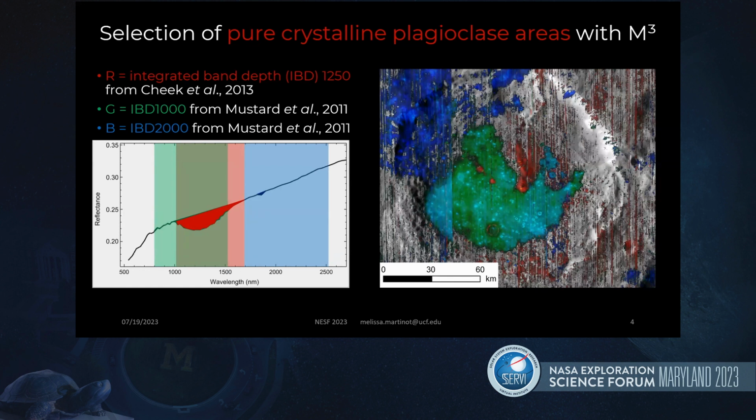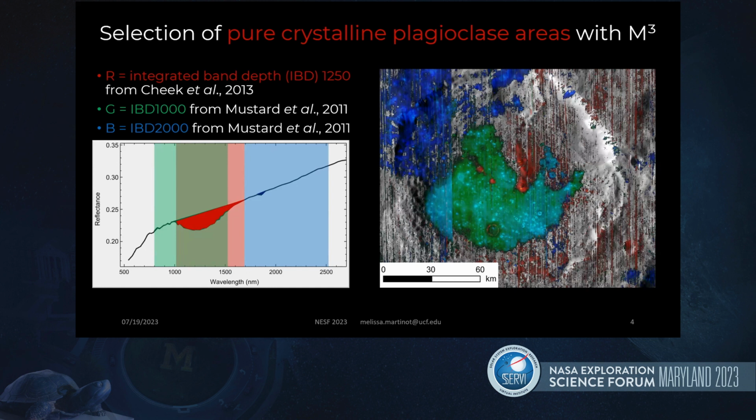IBD 1000 calculates the area of the band in the green region, and IBD 2000 calculates the band area in the blue region. After we calculate those spectral parameters, we are able to make color composites highlighting the mineral diversity of the lunar surface.